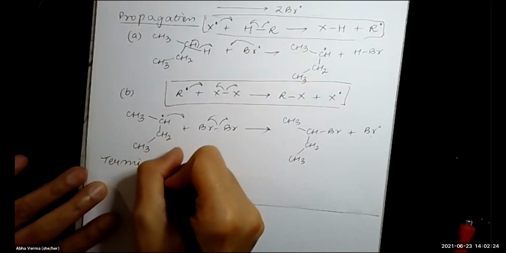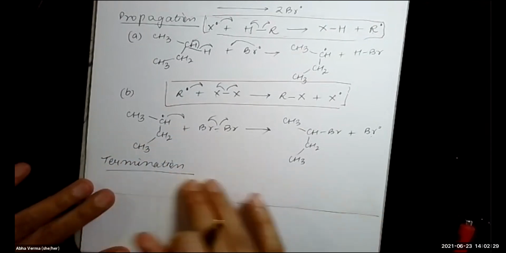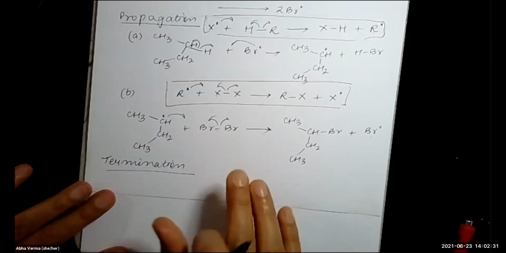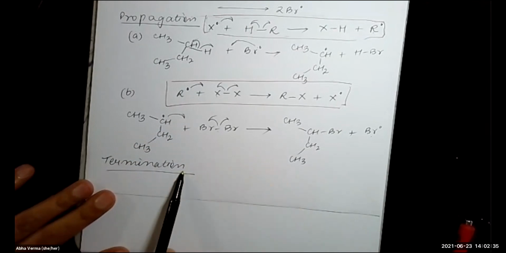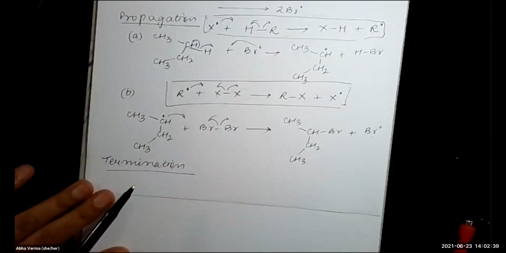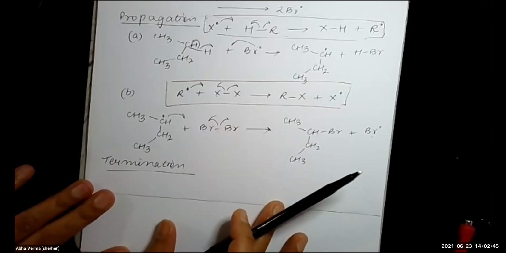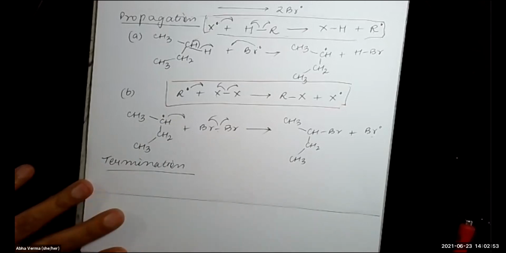termination. Now, before I tell you the reactions that are useful for termination, one thing all of you must remember is there has to be more initiation and more propagation than termination for a successful chain reaction to occur. What does that mean? There should be fewer radicals reacting together to terminate the chain, right? It makes sense.